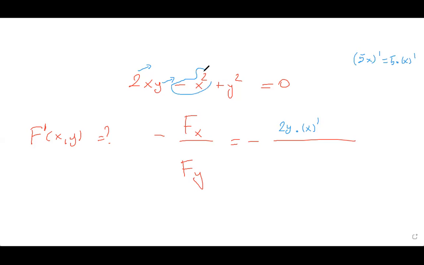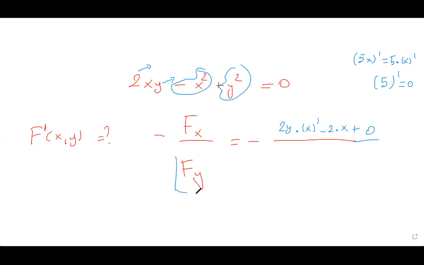And then this is directly a number. If you have just a number, what is its derivative? It is 0. I said this is a number, but that is for the denominator. We are in the numerator, so this is f_x, the derivative with respect to x. What is the derivative of x squared? It is 2 times x. Now y squared is like a number, since there is no x here, it will be 0.